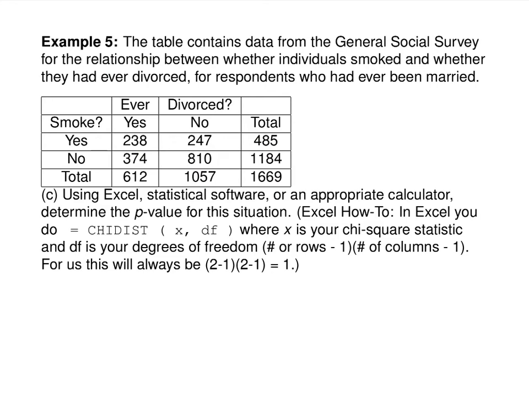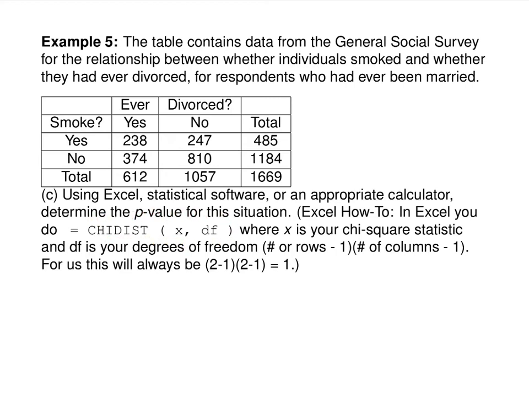Now, we haven't talked about this yet, but here's how you find p-values. You can use statistical software, but I think a lot of you probably have a little bit of familiarity with Excel, so I'm going to show you how to do it in Excel. In any cell, you type equals CHIDIST, x, comma, df.